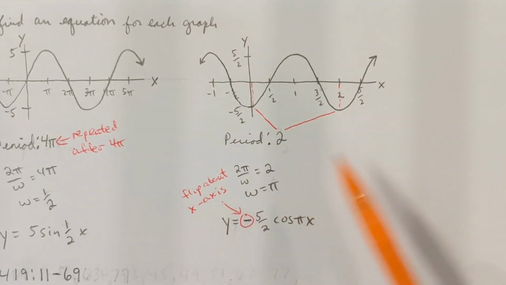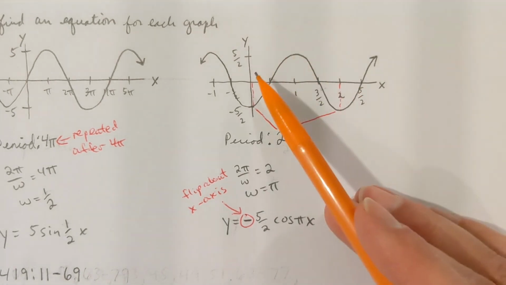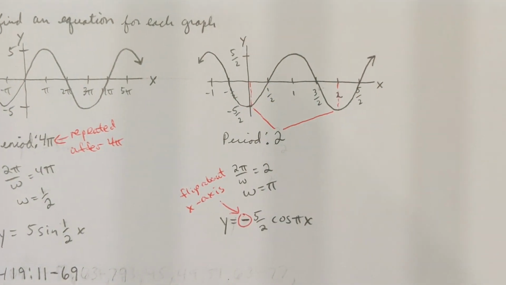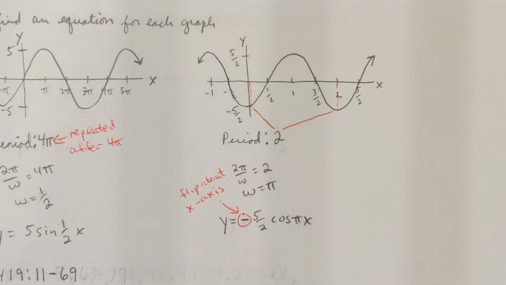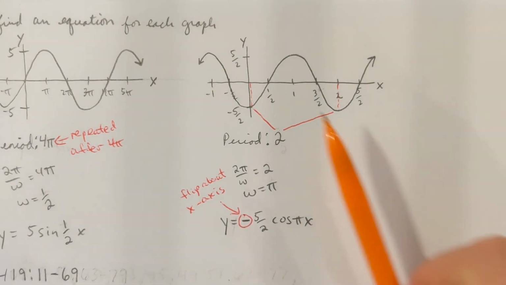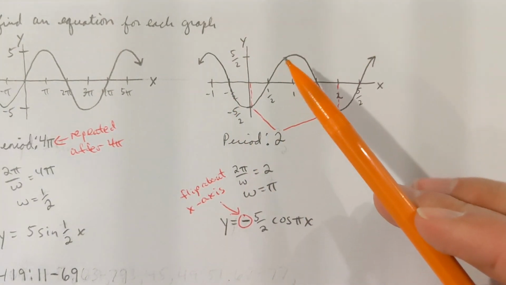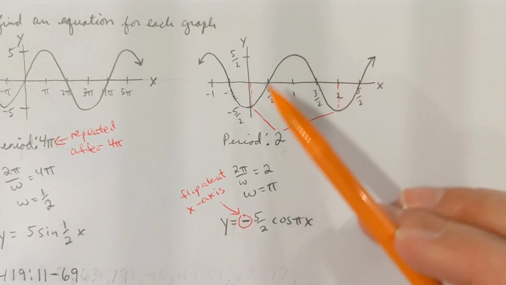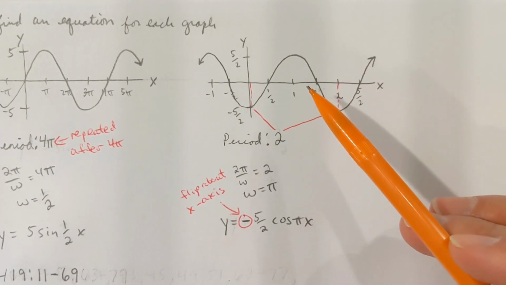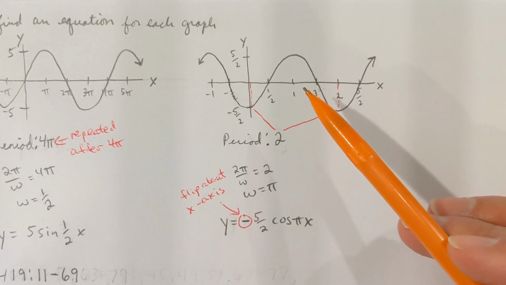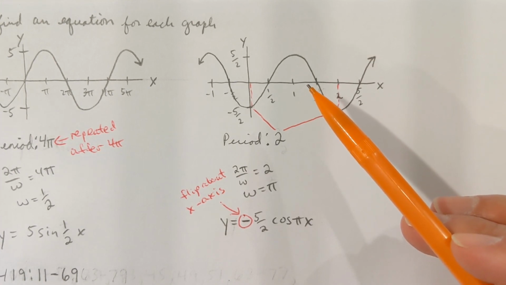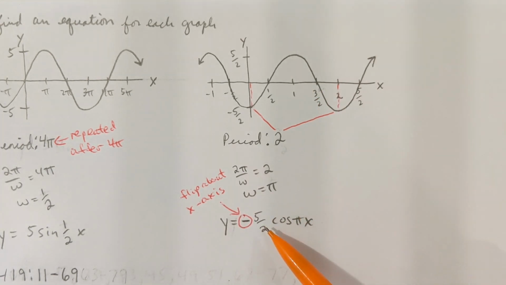On this other example, I see that I'm doing something with the cosine curve, right? The curve does not pass through the origin, so I know right away I'm going to do something with the cosine curve, although it's not going to be just plain old y equal cosine x, because the scaling here is different. Now, the distance from the highest to the lowest point is 5, and so the amplitude is going to be 5/2.